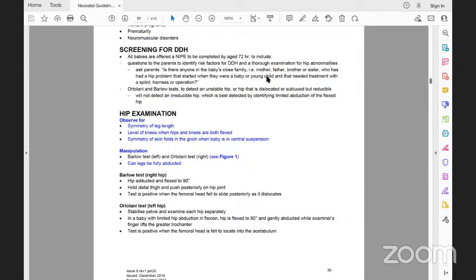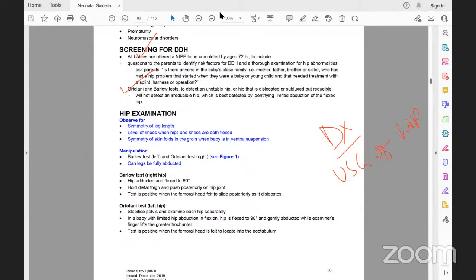The screening test means you are not sure; you are just doing some baseline level test that is called Ortolani and Barlow. So Ortolani and Barlow are screening tests, but the diagnostic test below 6 months is ultrasound of the hip joint.